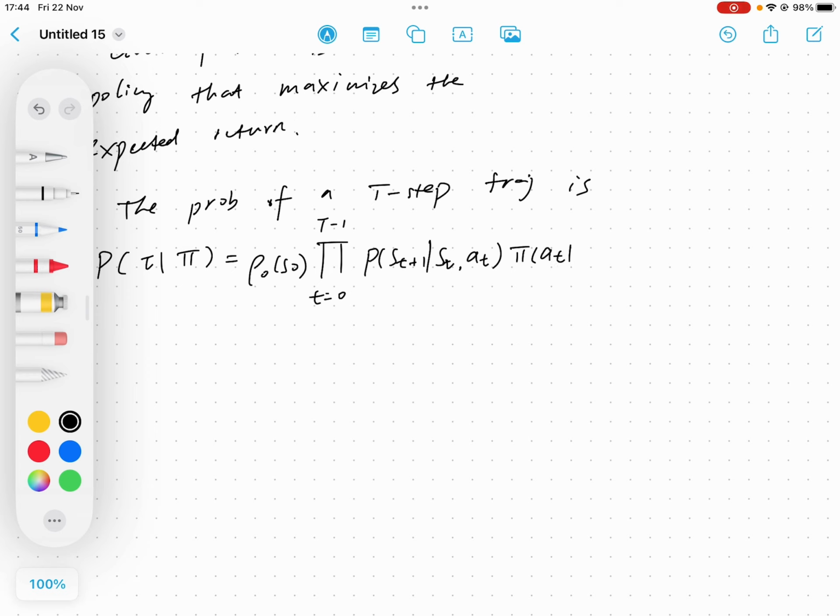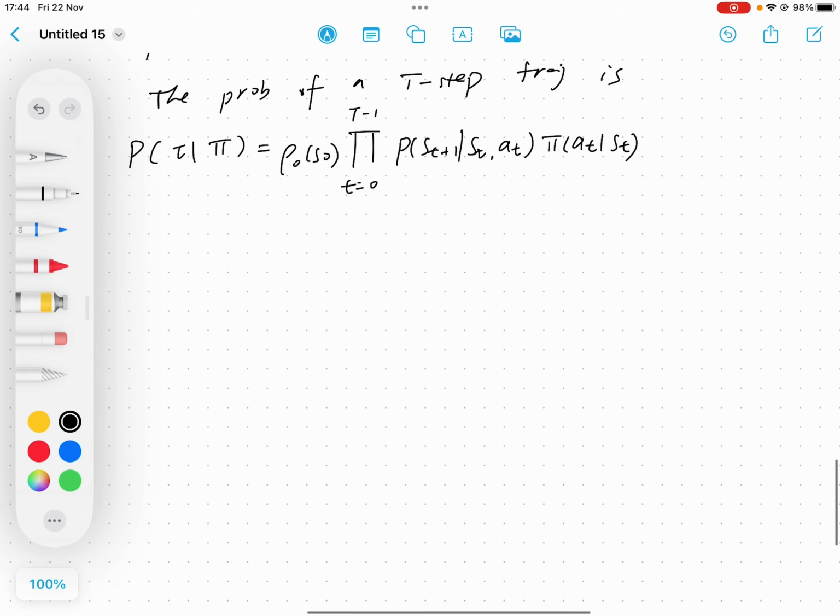So we have the policy and the transition. Then we have the probability of an episode or a trajectory with capital T steps.